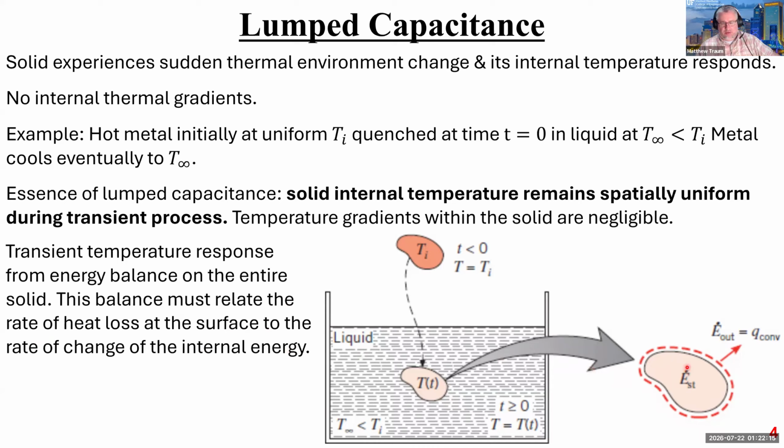So you draw a control surface around the object, inside is a control volume, and then you allow heat transfer across that surface, which drops the internal energy of the piece of metal. And the drop in internal energy has a corresponding reduction in temperature, at least in this case, if we're cooling. So that's where it comes from.